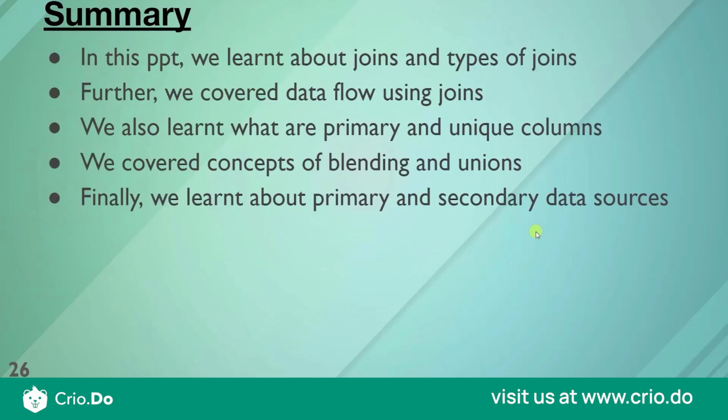So this concludes our final topic, and the summary for this week is we learned about joins and types of joins. There are four kinds of joins: left, right, inner, and outer. And we learned what each join will do to the data. We learned how to use each join in each scenario.